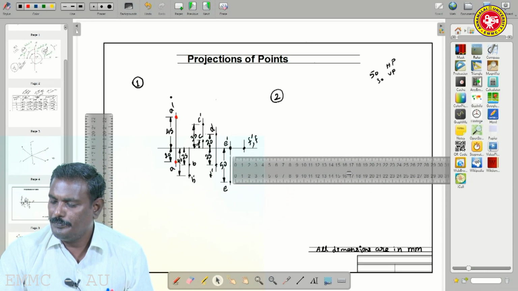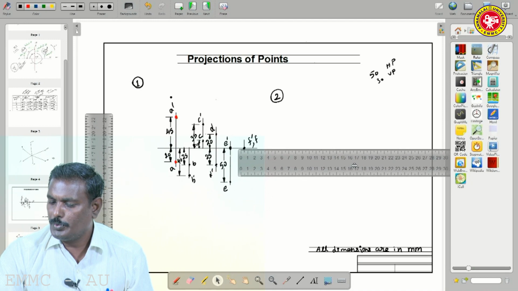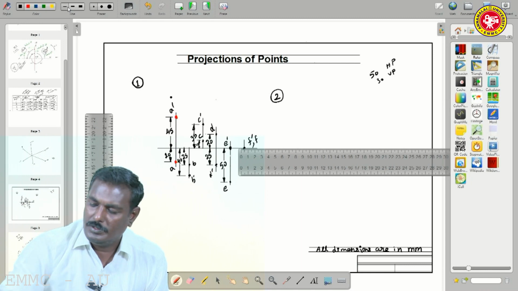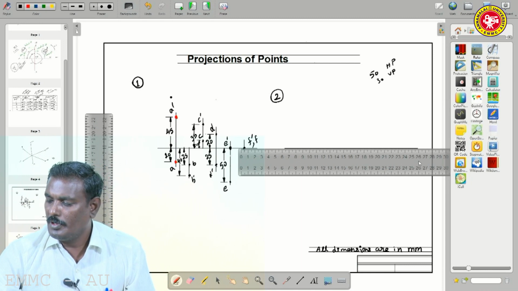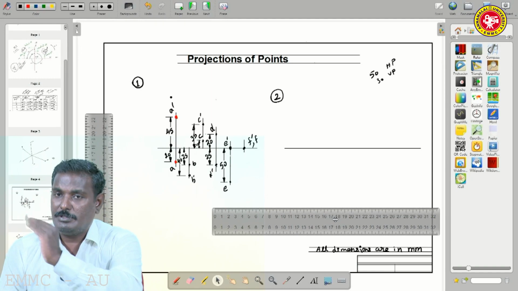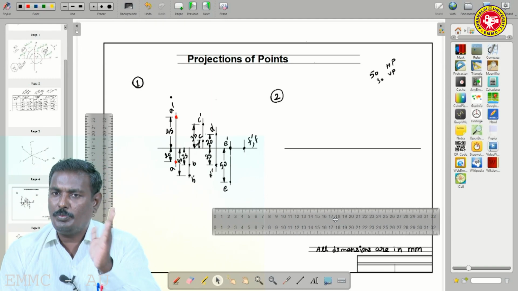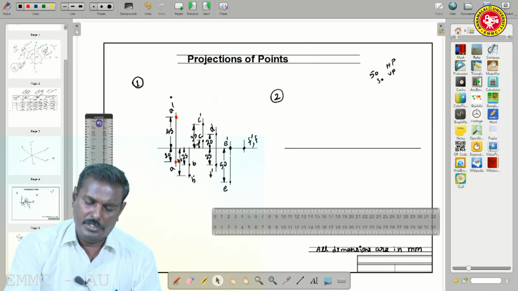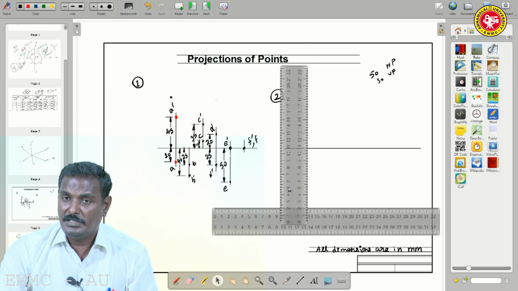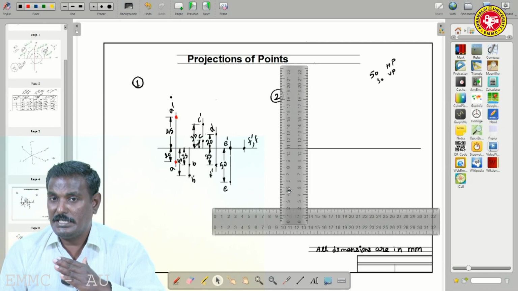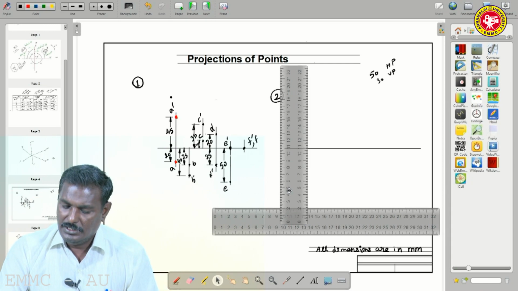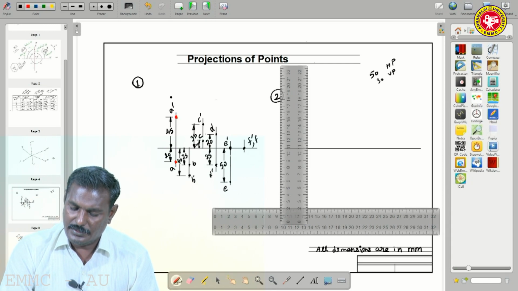So draw a projector. What are they asking? 4 possible positions. So 4 possible means 4 projectors required. So I take a perpendicular by use of the mini drafter scale, the perpendicular scale. One scale is horizontal, the other one is perpendicular. With the help of that perpendicular scale, draw the projectors.